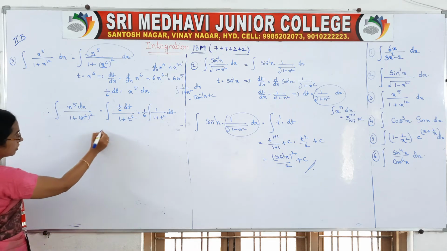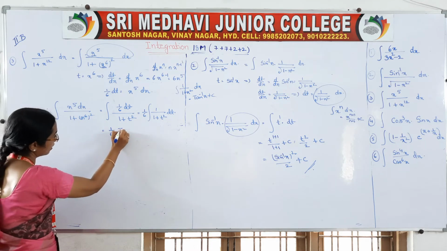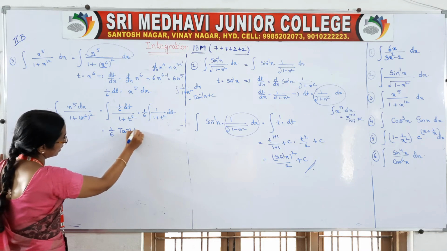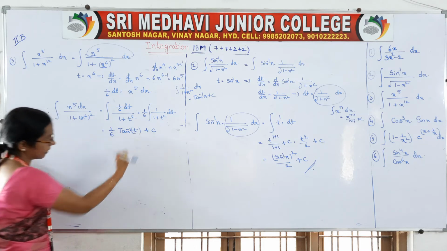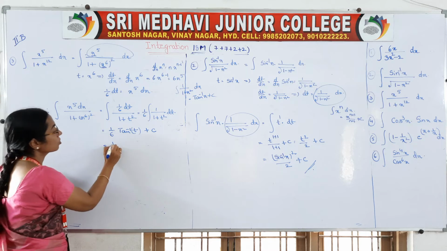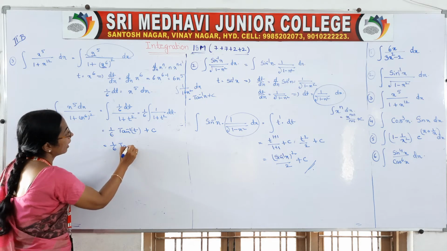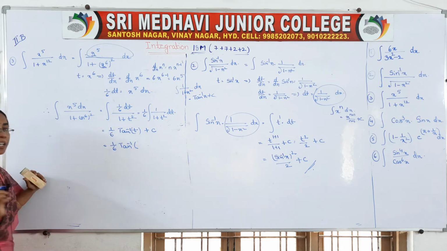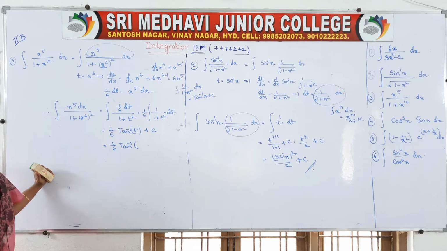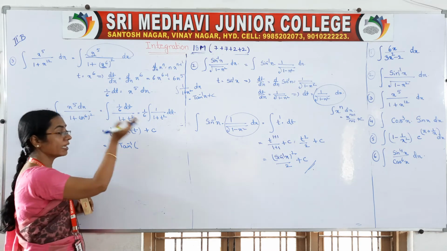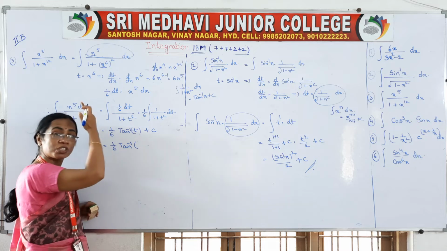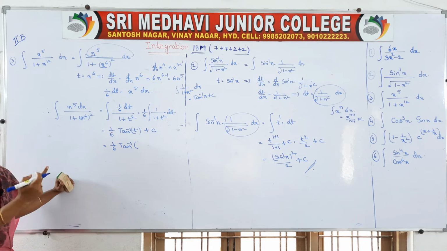Right. So it is equal to 1 by 6 tan inverse t plus c, which is equal to 1 by 6 tan inverse. At the end I said we have to substitute the t value. Our answer should be again in terms of x only. Question is with respect to x, answer also must be with respect to x.